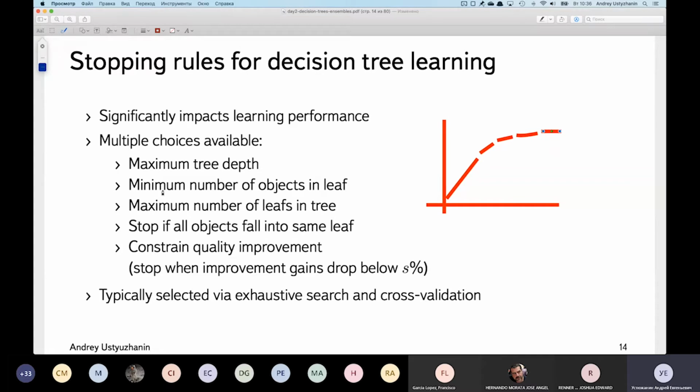It is called a hyperparameter. Like the maximum tree depth, you can choose it to be equal to 5 or equal to 10. Depending on this, you get different quality. And a priori, it's very difficult to specify what this hyperparameter value should be.